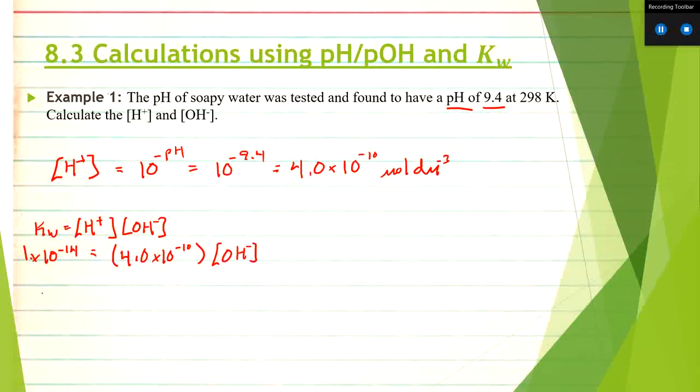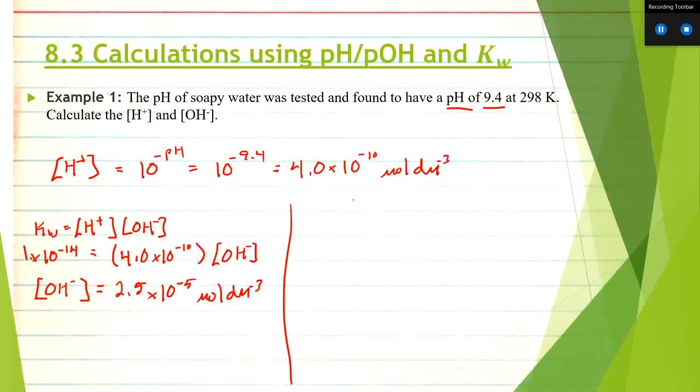If you rearrange this, dividing by 4.0 times 10 to the negative 10, we end up with a hydroxide ion concentration of 2.5 times 10 to the negative 5 mole per decimeter cubed. Okay, so that's one method, just use your water constant, your Kw, to solve for it.